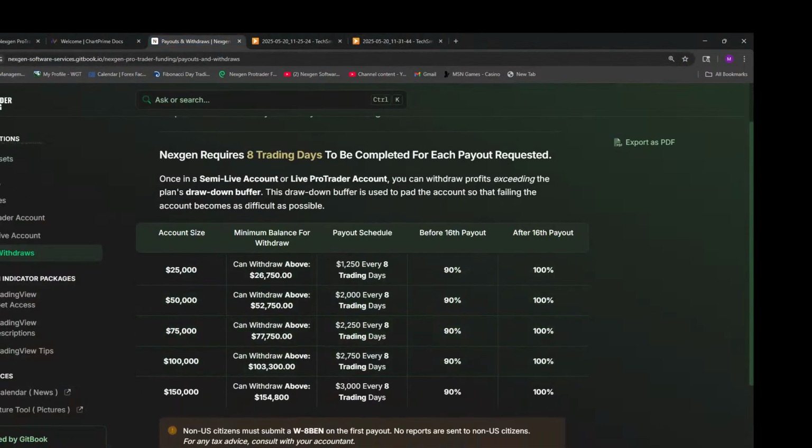So, John, question from Jerry. He's asking, is $12.50 the most you can take out every 8 days? What if he makes 10 grand? So this is the max for 25K, $12.50, even if you have more than that in your account.